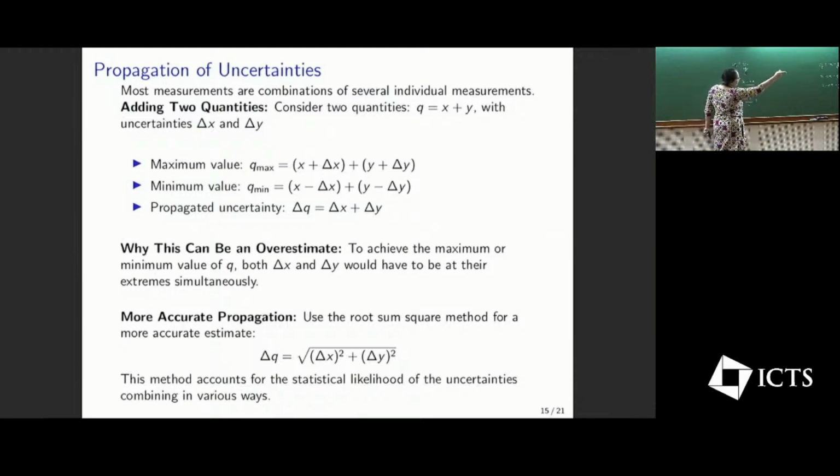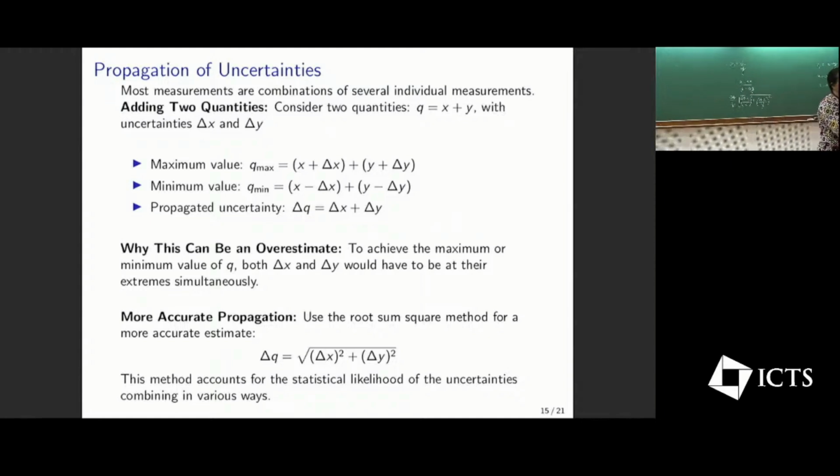Once again, you can show this, but using the fact that they are independent measurements, you will have to say that this is actually under root of the sum of these fractional uncertainties. This happens most of the time.